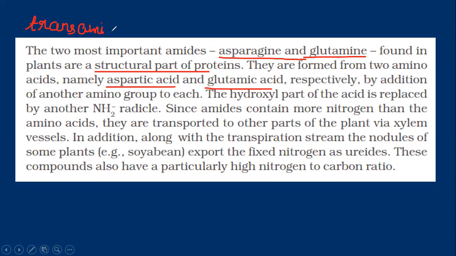Clear? Since amides contain more nitrogen than the amino acid, they are transported into other parts of the plant via the xylem vessels, along with the transpiration stream. The nodules of some plants, such as soya bean, export the fixed nitrogen as ureides.